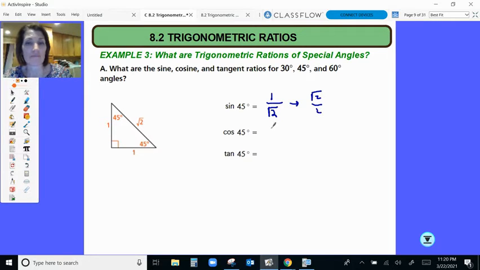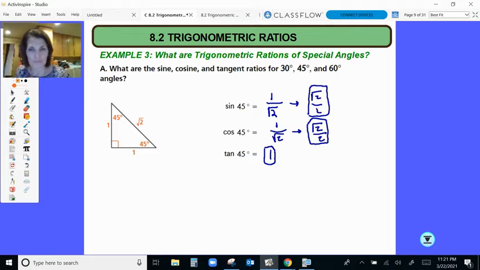Cosine is going to be the same, right? Because adjacent over hypotenuse is going to be the same thing: 1 over square root of 2, which is square root of 2 over 2. My tangent is just going to be 1, because it's just 1 divided by 1. So a lot of times when you set up these ratios, instead of putting them in the calculator, you just know the square root of 2 over 2 or just 1.